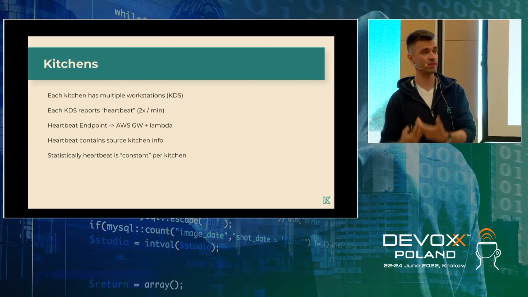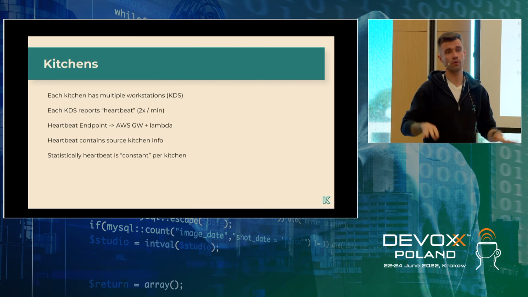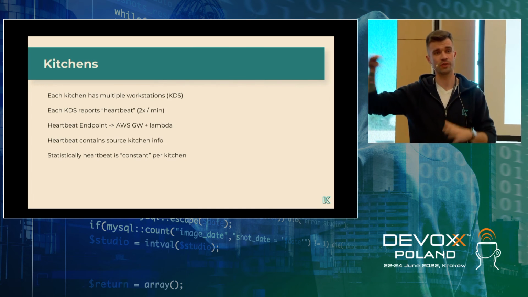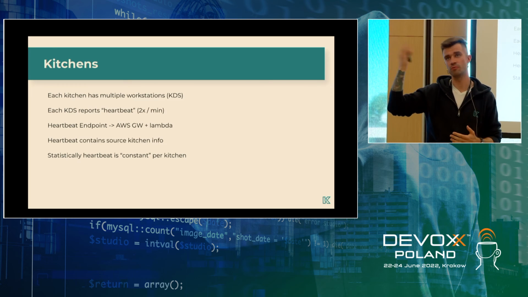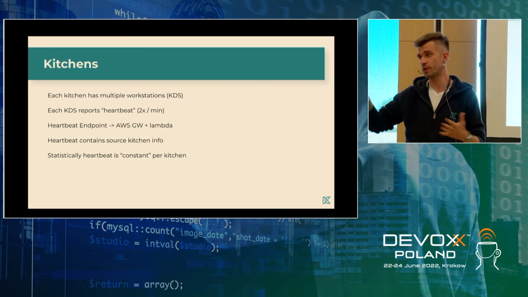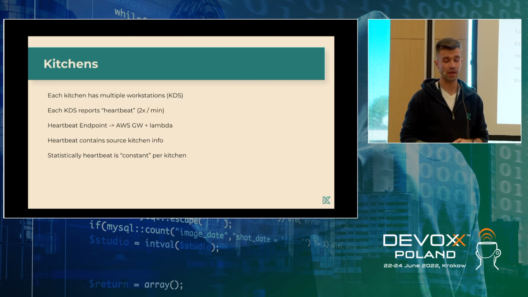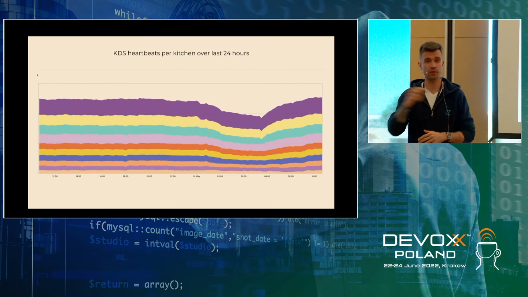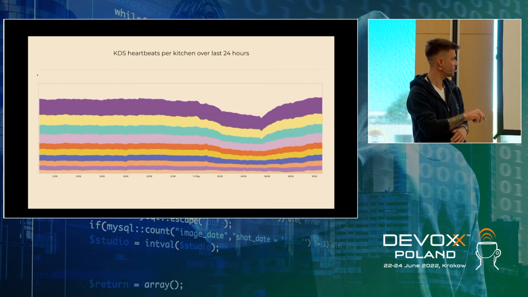And statistically, if you think about it, if there are people working in the kitchen, you will have all the time the same heartbeat, right? Because there are 20 workstations or 50 workstations open, so you will get like 40 or 100 heartbeats per minute, times 2, so 100, 200, okay? So this is constant. If you take a look at the example, it's almost constant, but this is night, right?